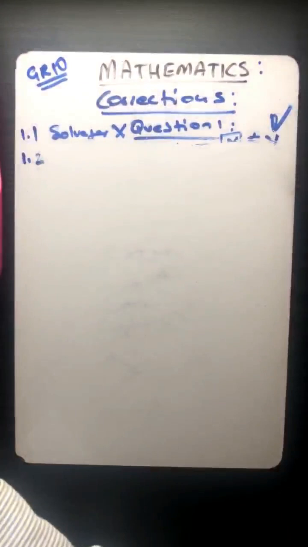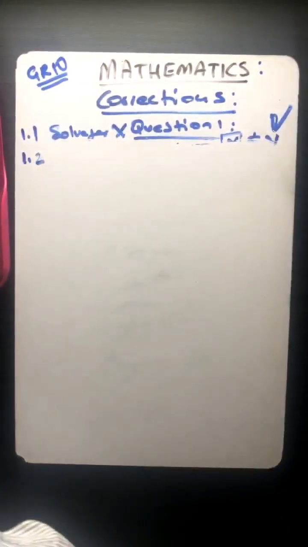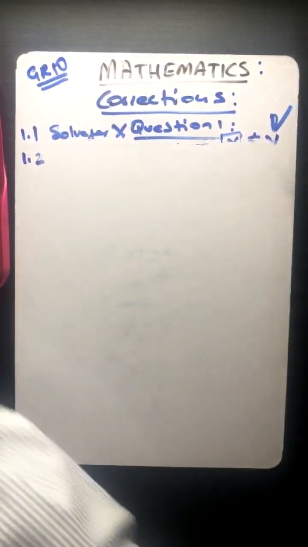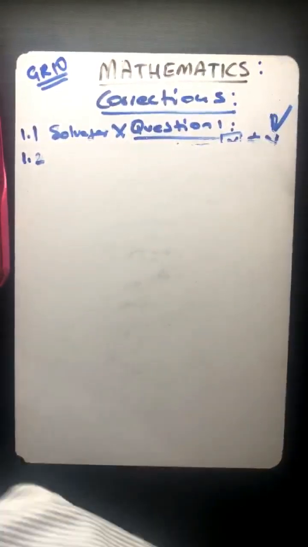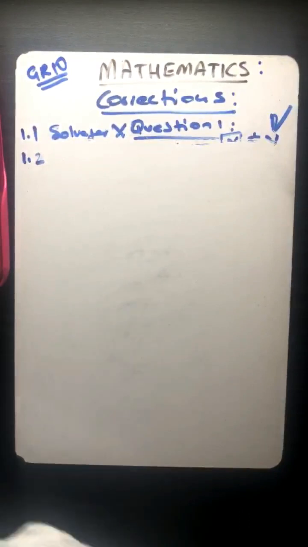Maybe let me quickly give you guys an opportunity to just scroll up and find that question. Just let me know if you're not able to find it. But otherwise, in that same group, scroll up and try to find that question paper. Let me know if you all find it.